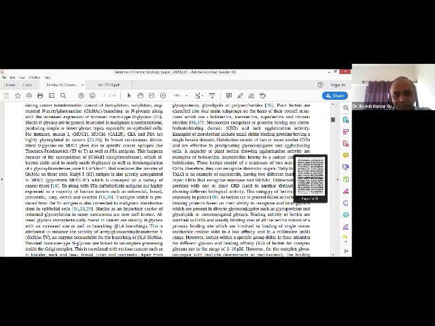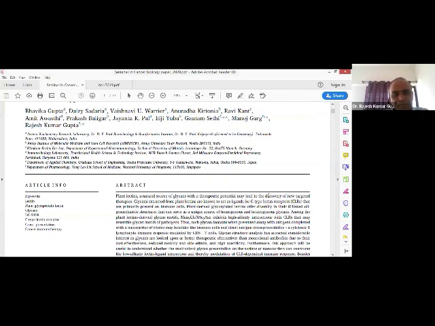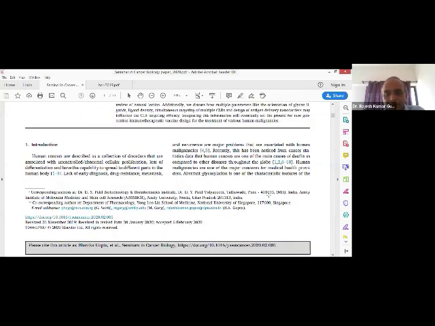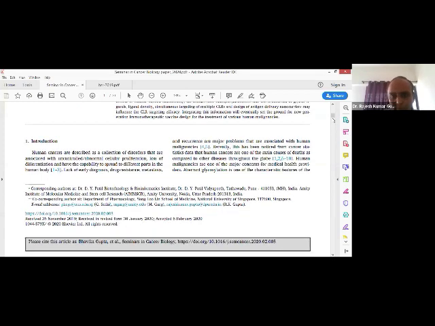Then the introduction is big, and its corresponding author is Dr. D.Y. Patil Biotechnology Institute. All the details are there. And then the co-corresponding author, Dr. Gautam Sethi, and everybody's email addresses are there, and the short forms of the names are there. So this is a complete, big introduction that we have there.